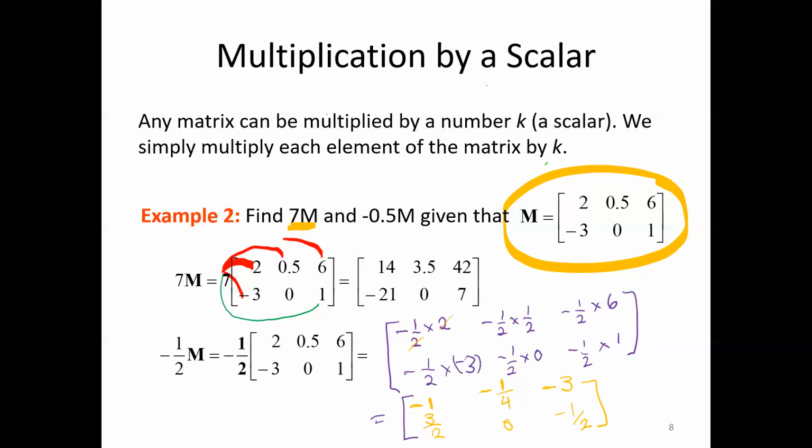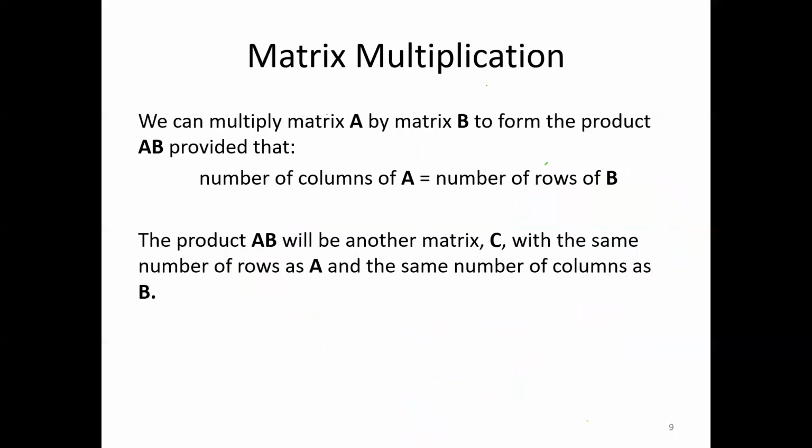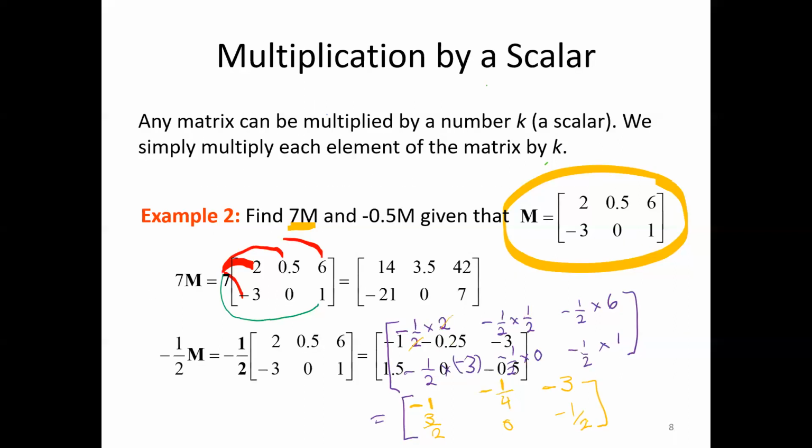Or you can even leave it as minus half. I'll change it. So this is minus 1. 1.5 means the 3 over 2.